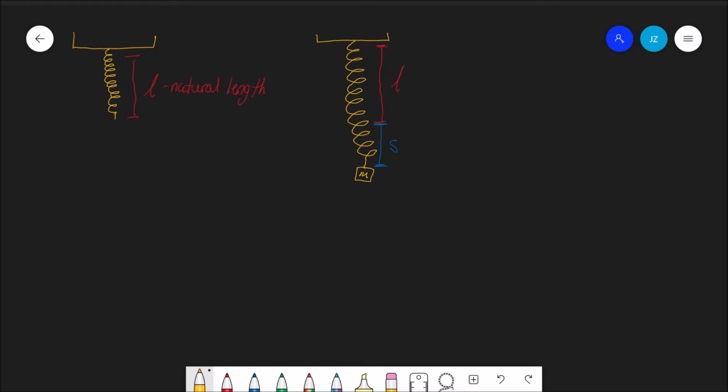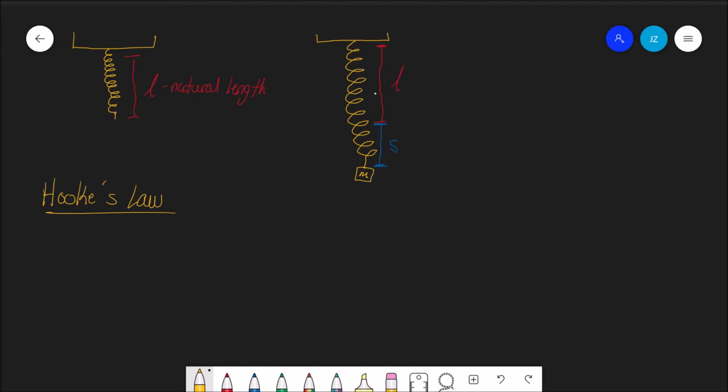Now, springs follow what's known as Hooke's law, which states that the spring will exert a restoring force in the opposite direction. So in this case, the spring's being elongated, it's being pulled down by this mass. So it's going to exert a force in the upwards direction.